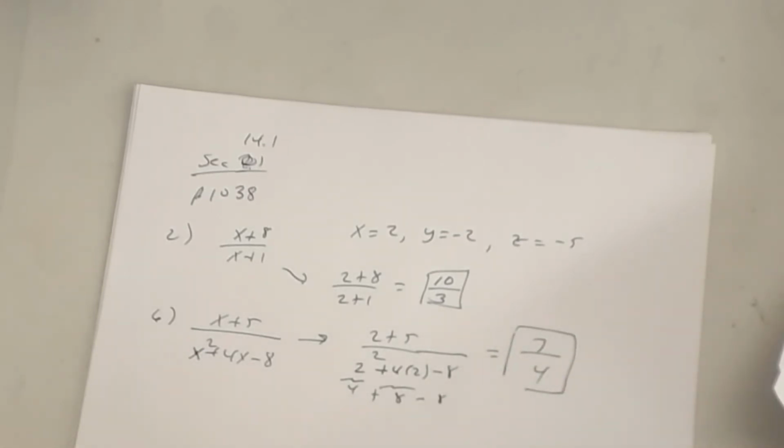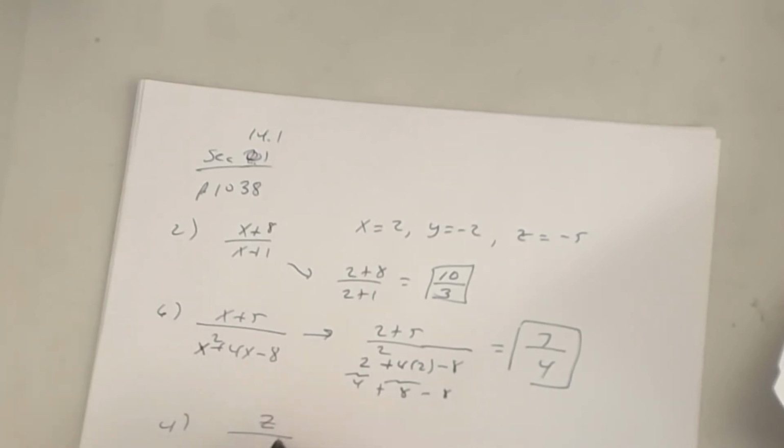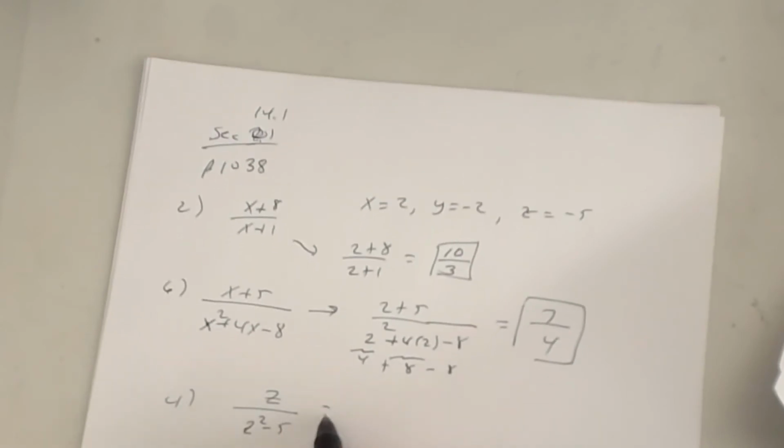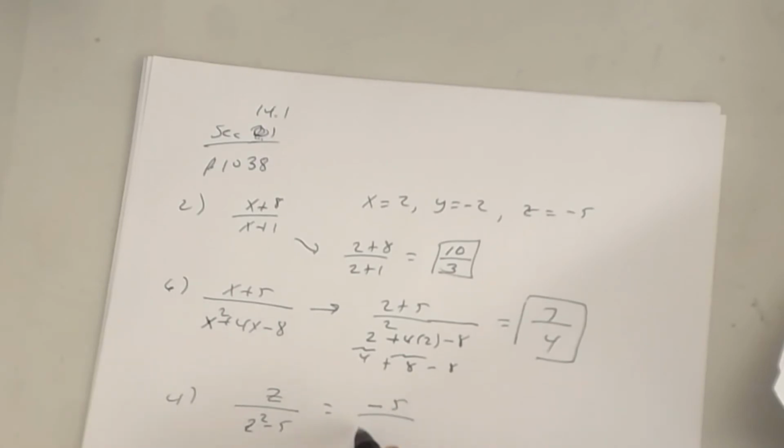Number 4, you have z divided by z squared minus 5. What's z? Negative 5. All right, now, the denominator, that's z squared. So what am I doing to z? Squaring it. But I got to put that z in parentheses because it's negative.